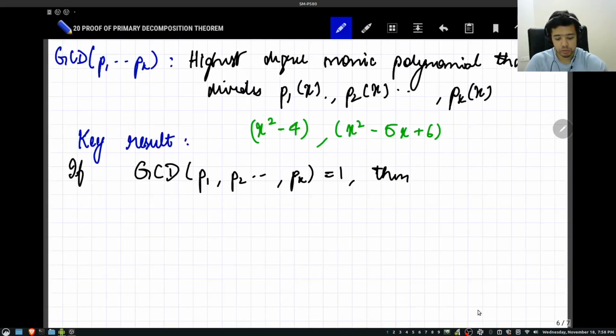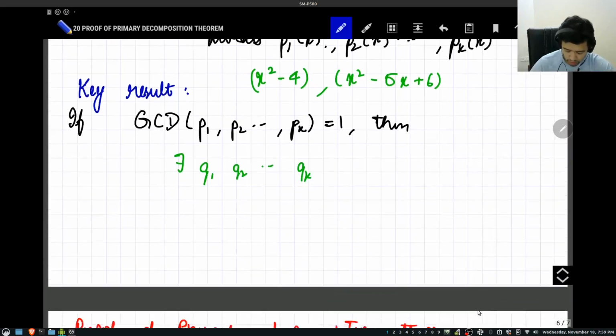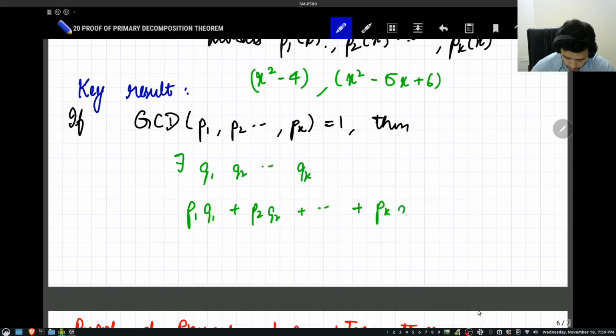Okay, so the main property of polynomials that we will require to prove the primary decomposition theorem is the following. If we have a set of polynomials p1, p2 up to pk whose GCD is equal to 1, then we can find k other polynomials q1, q2 up to qk such that p1 q1 plus p2 q2 and so on all the way up to pk qk is equal to 1.